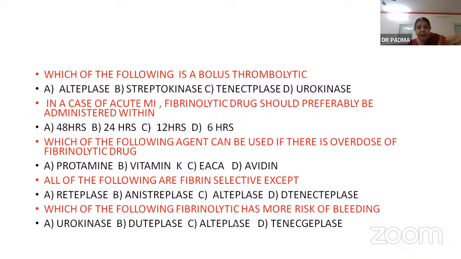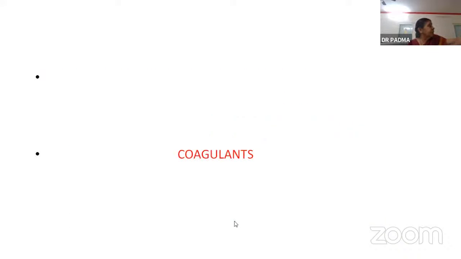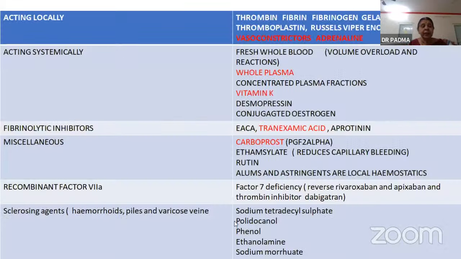Okay, it is tenecteplase. So, just a word about coagulants, where you have to use local vasoconstrictors sometimes, or in case of postpartum hemorrhage, or sometimes in menorrhagia, or sometimes in systemic bleeding. In such cases, what are the drugs? Just a glimpse, and whatever I have written in red are the ones which are used very, very commonly. So locally, we normally use adrenaline or botropase.